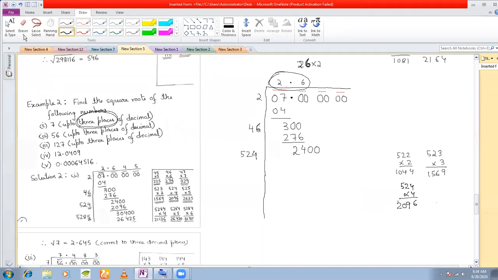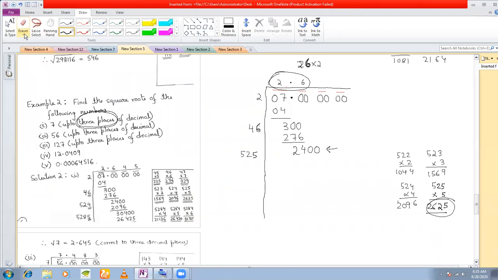So we'll try the next digit and see whether the next digit 525 into 5 is greater than 2400. So we'll try 525 into 5. We get 2625. So 2625 is greater than 2400.